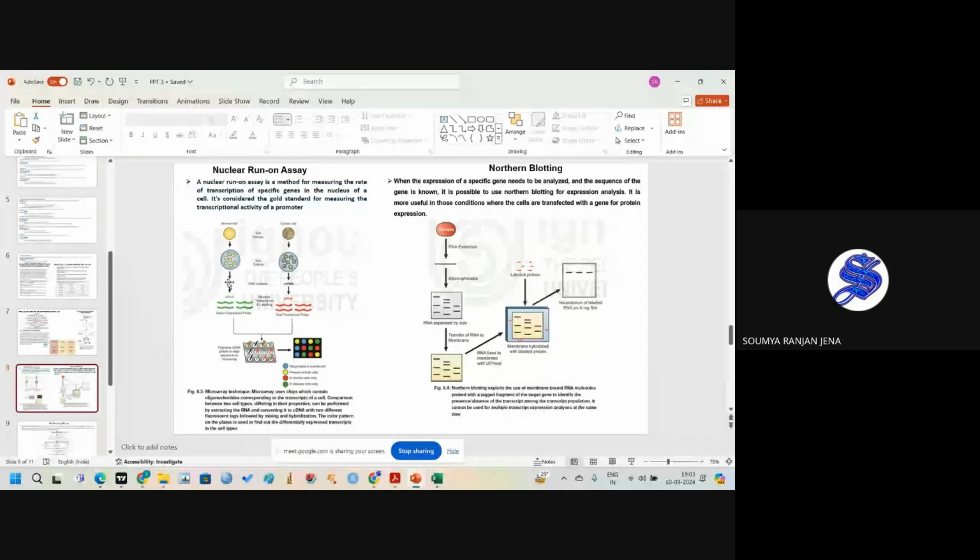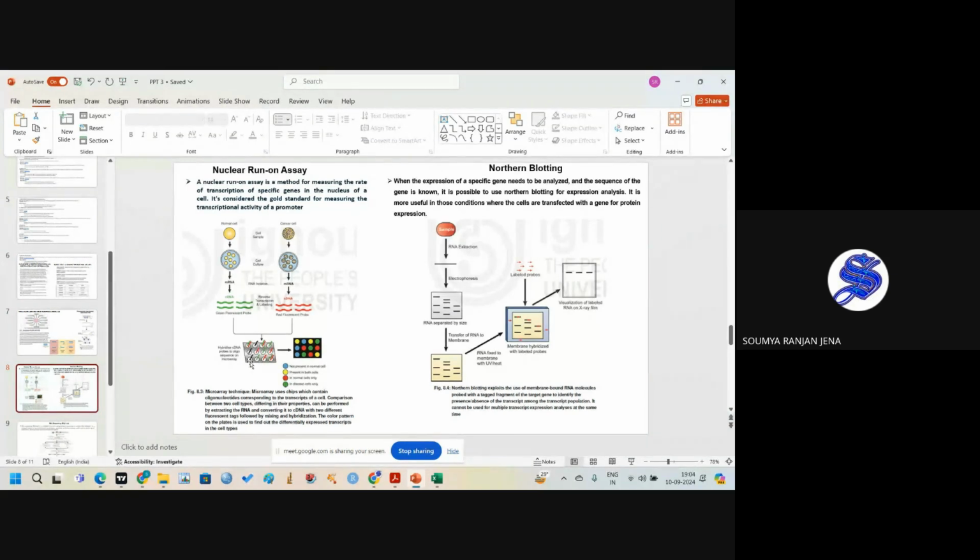Then this mRNA, by using the reverse transcriptase enzyme, we convert to cDNA, and we can tag it with a different fluorescence, that is a red fluorescence probe or a green fluorescence probe, and we can hybridize the cDNA probes to oligo sequences on a microarray. This is run by the microarray method, microarray techniques.